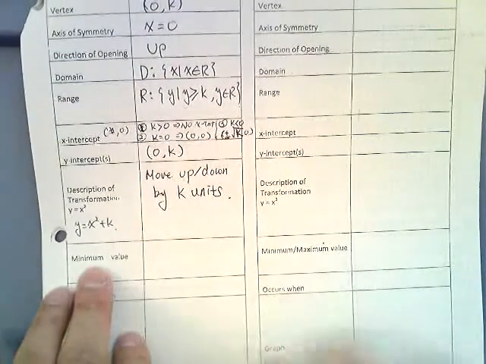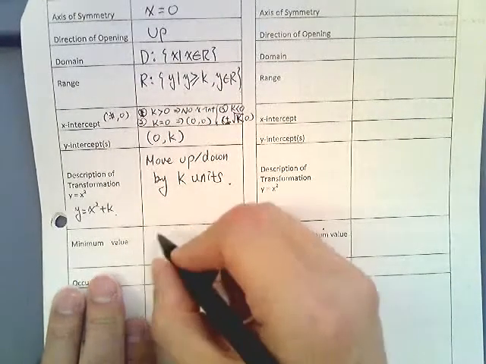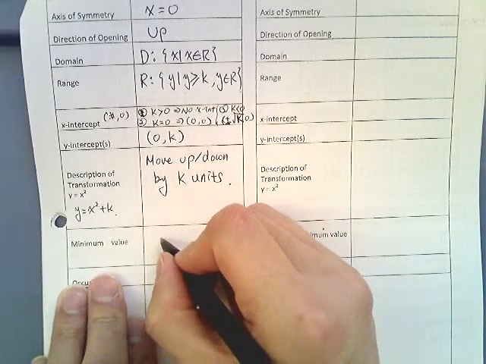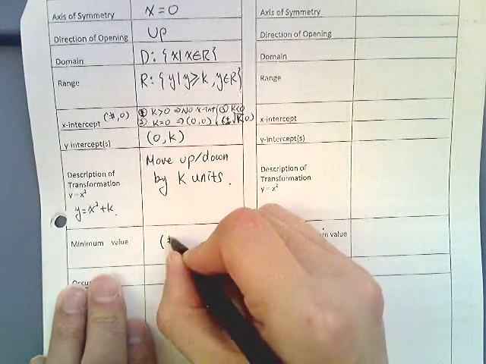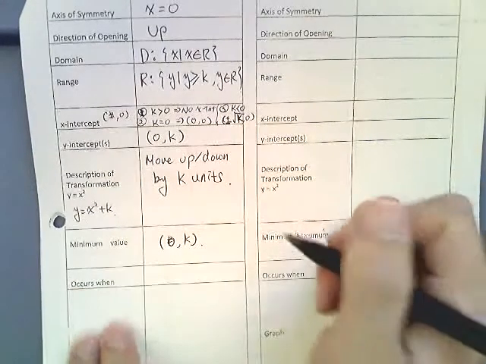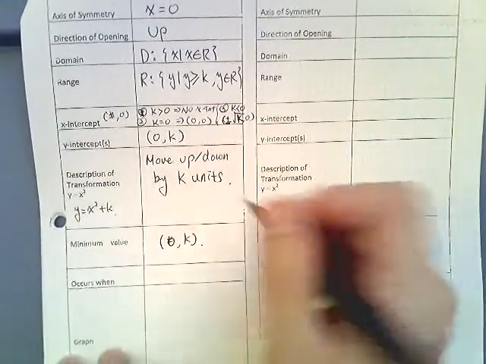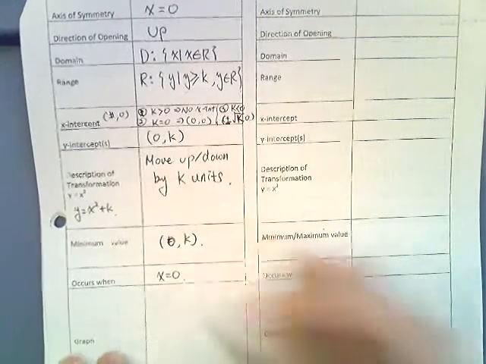Now, in this case, it's opening up. As I said, it's the minimum value, so the minimum value will be whatever the number, but in this case it's 0, comma k. So simply it's the same thing as the vertex. Now it occurs when? Well, simply x equals 0.